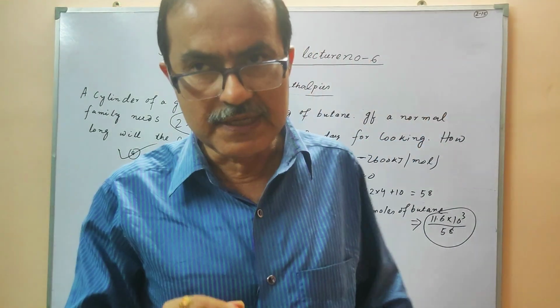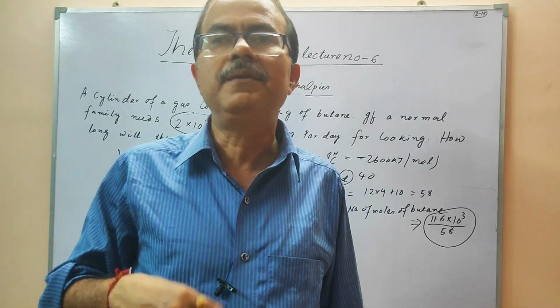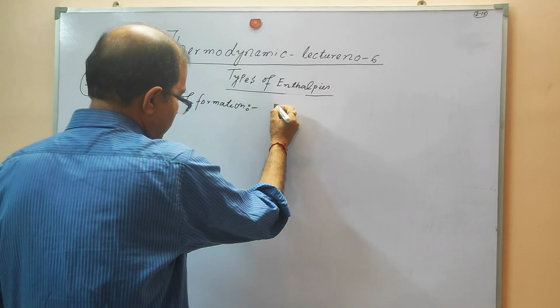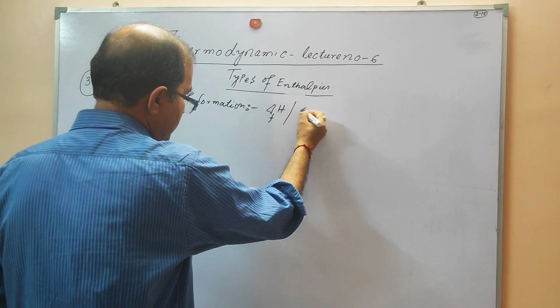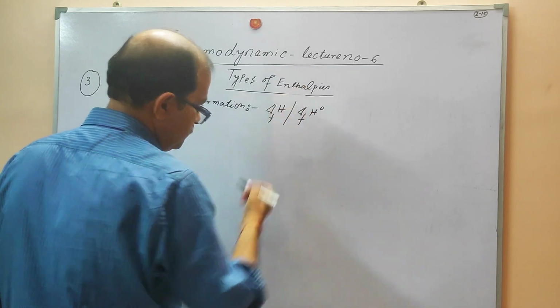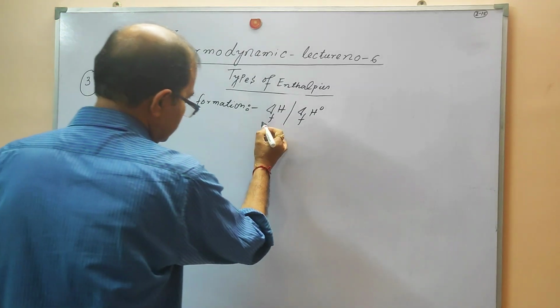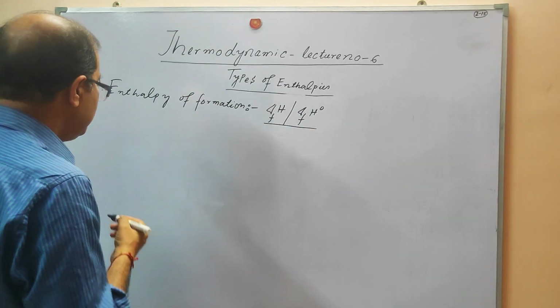Next we are going to discuss another enthalpy, that is enthalpy of formation. It is represented by delta HF, and when it is in the standard condition we will put this O. So how do we define this enthalpy of formation?